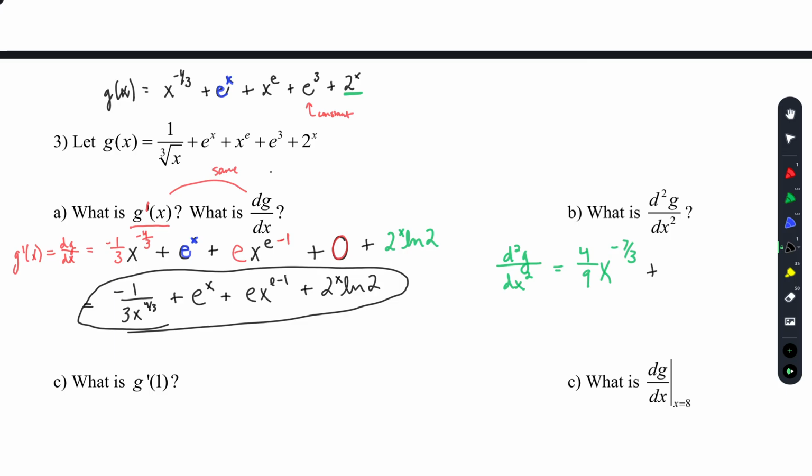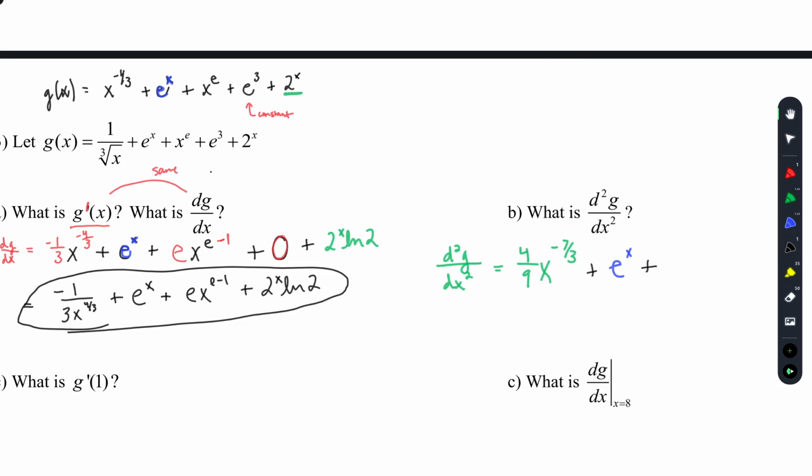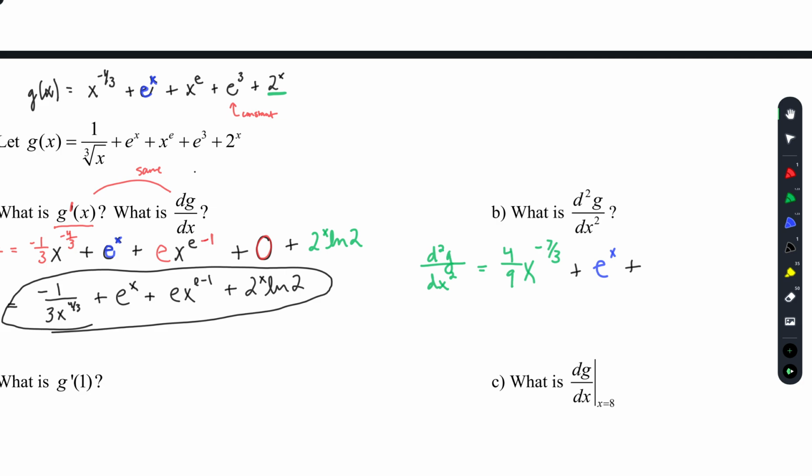Then my fave, derivative of e to the x, e to the x. Okay, this one's super messed up. Plus, ew. How do I even do that? Because I got e down there already, and now I have to bring down that exponent, which is disgusting. So it'll be e times e minus 1.